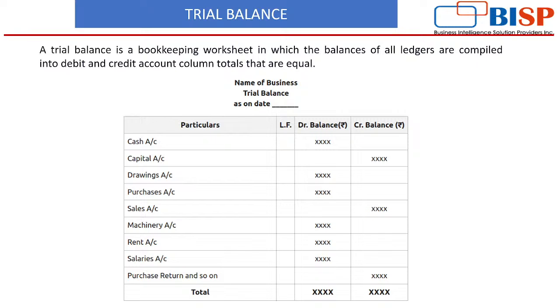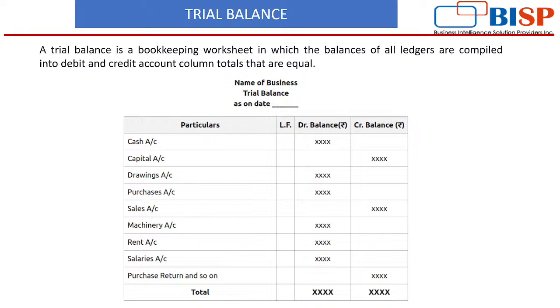At the end of an accounting period, the accounts of asset, expenses, or loss should all have a debit balance, and the accounts of liability, equity, revenue, or gain should each have a credit balance.